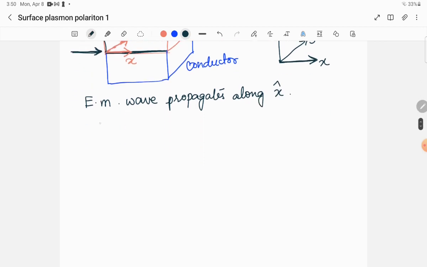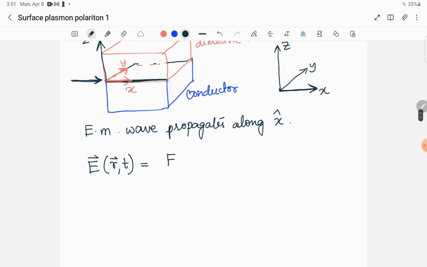Hence the electric field, which will be a function of position and time, associated with the EM wave can be written as some amplitude which is a function of z, I'll come to this point, times the standard exponential i(kx x minus omega t).